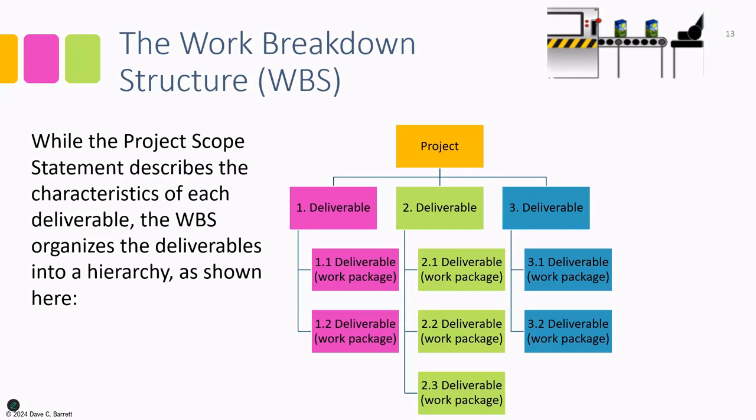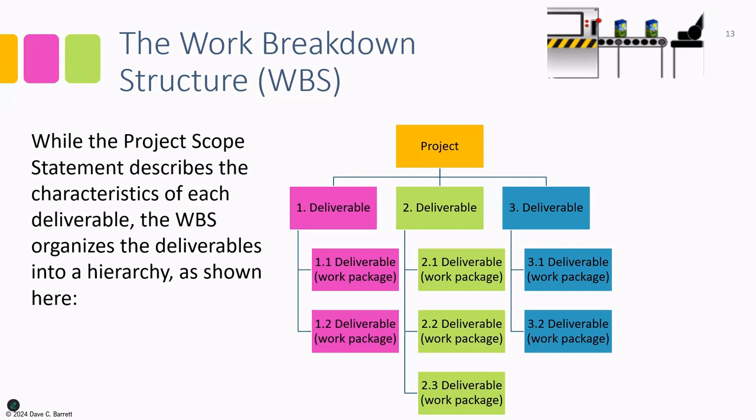And then each of those deliverables may be broken down into smaller deliverables, that will be easier to deliver and describe. So deliverable 1 can be broken down into 1.1 and 1.2. Deliverable 2 can be broken down into 2.1, 2.2, and 3 into 3.1 and 3.2.